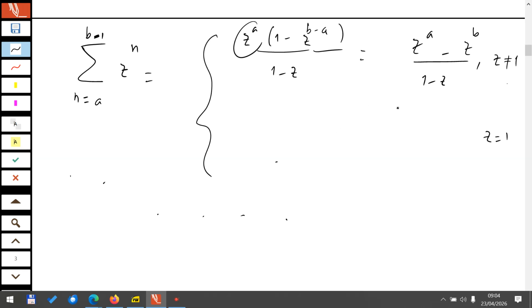So when Z is 1, it's undefined, so you have to get back to this thing. Just apply this: the sum from n equals a to b minus 1, and just write 1. There is nothing wrong with it. 1 to the nth is 1. So now, can you simplify this? We are just adding ones. How many ones are you adding? B minus a, right? We know the number of terms is b minus a.